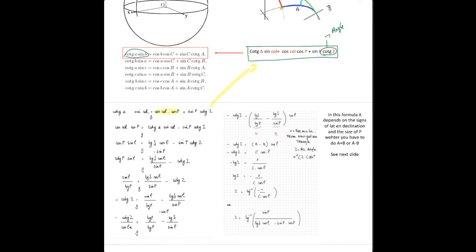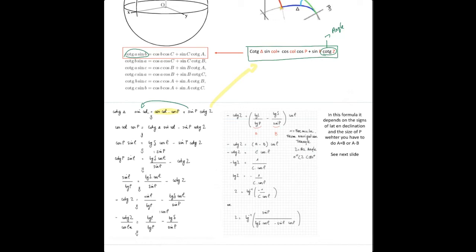So the cosine of the colatitude multiplied by the cosine of the polar angle equals the cotangent of the polar distance multiplied by the sine of the colatitude minus, because we bring this to the other side, the sine of P multiplied by the cotangent of the azimuth.